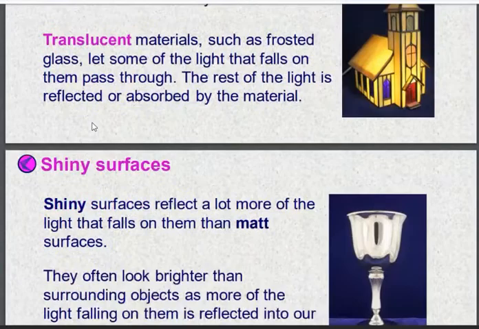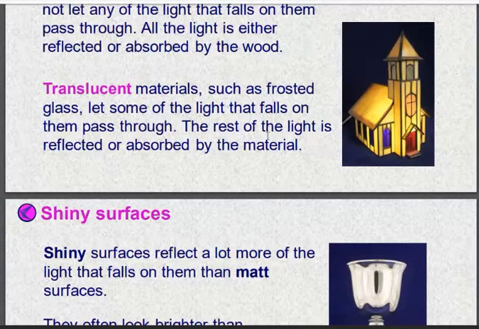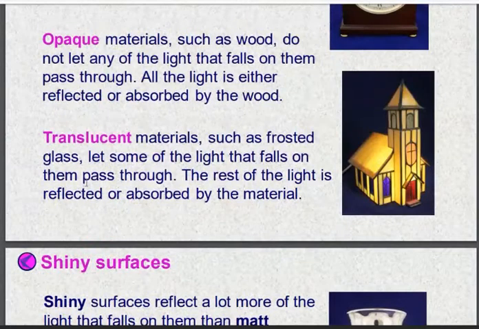And translucent materials such as frosted glass let some of the light that falls on them pass through, and the rest of the light is reflected or absorbed by the material of the glass. So such material is used in the window panes of a house.